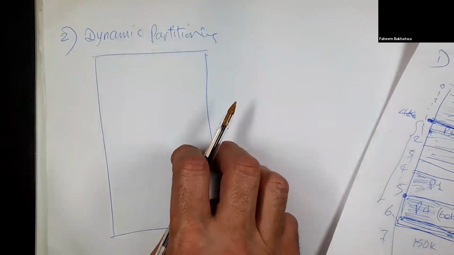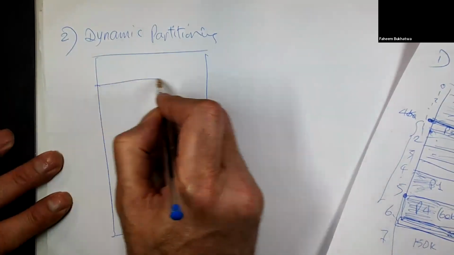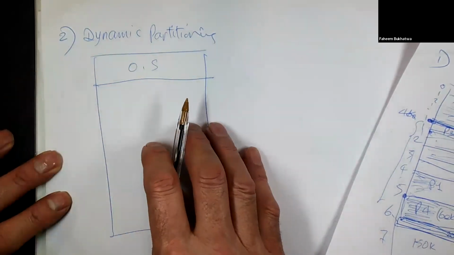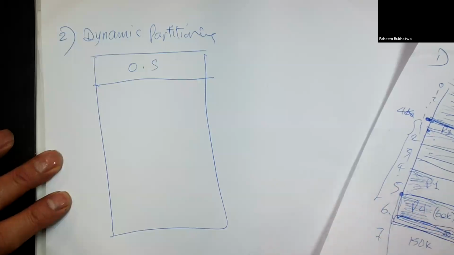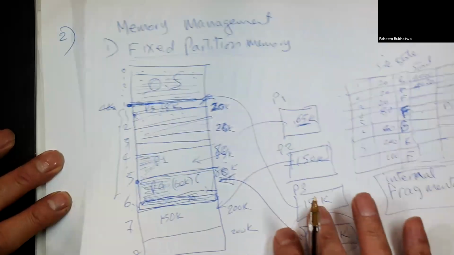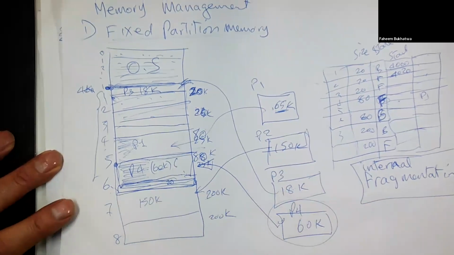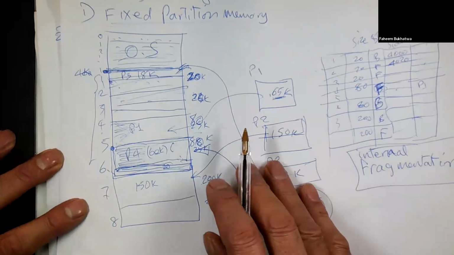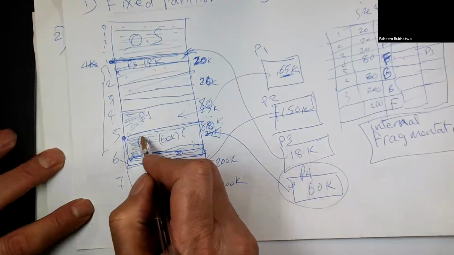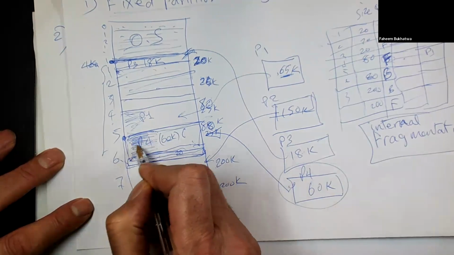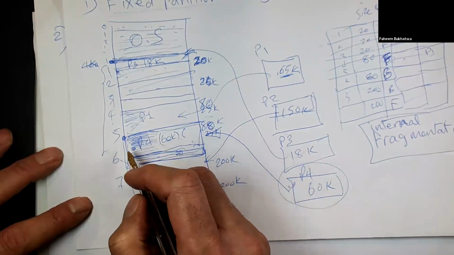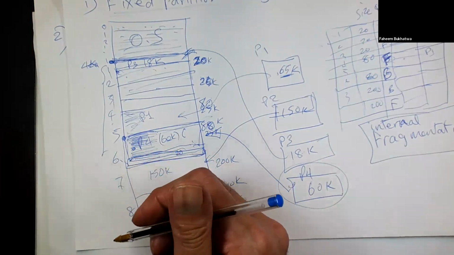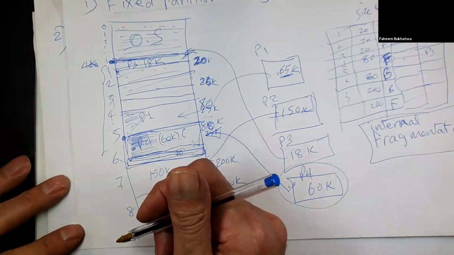This is at the start. First, there is part of the memory that's allocated to the operating system. Let me go back to the fixed partition just to show you one little issue that sometimes happens. If you have the code here and a program starts executing, every reference to memory is translated into an address.